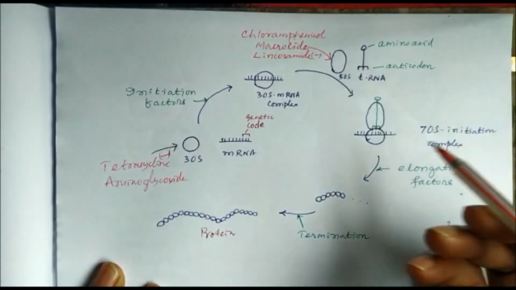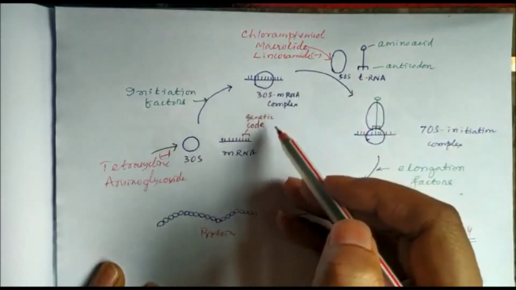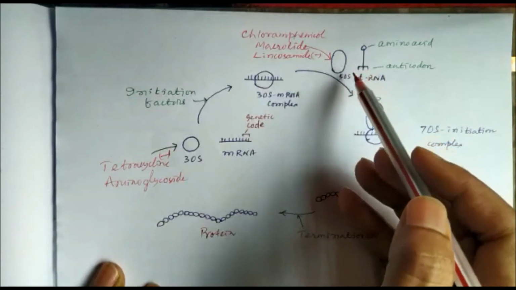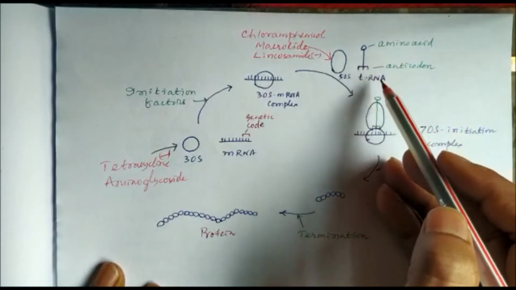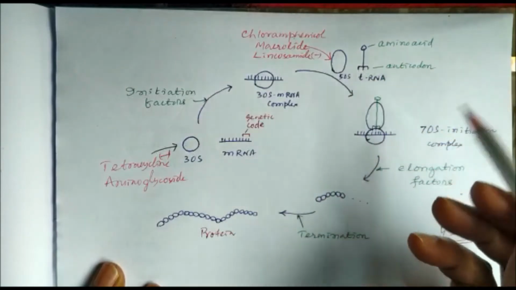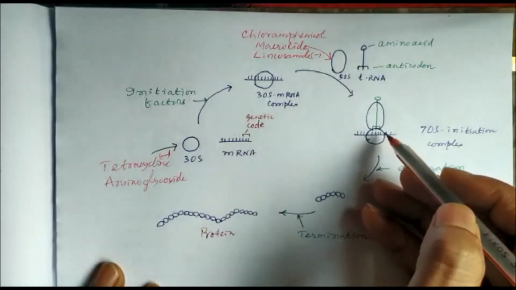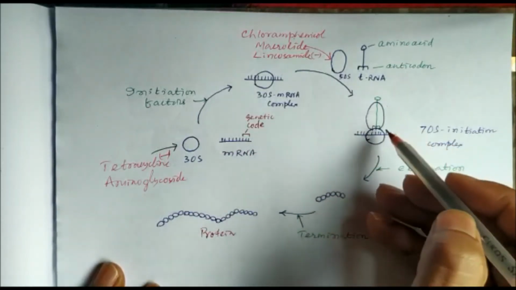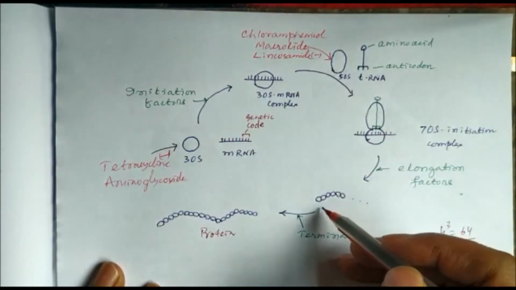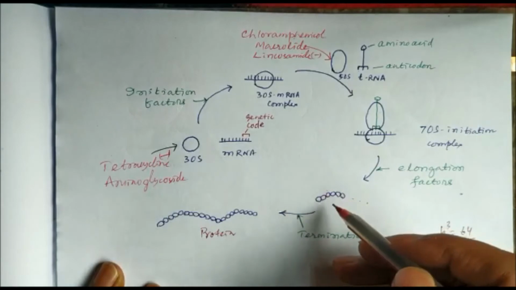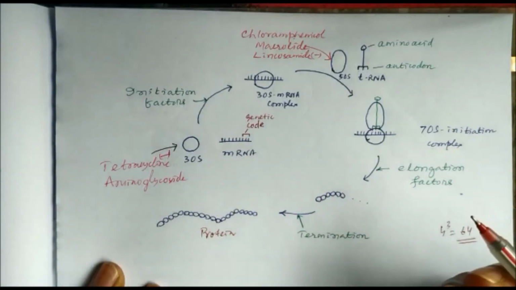First messenger RNA binds to the 30S subunit, then it forms a complex with the 50S subunit, and the transfer RNA complex binds. The anticodon of transfer RNA recognizes the specific codon in the messenger RNA, and accordingly the codon-specific amino acid is supplied. One after another the amino acids are supplied, and they join together to form the polypeptide or protein.